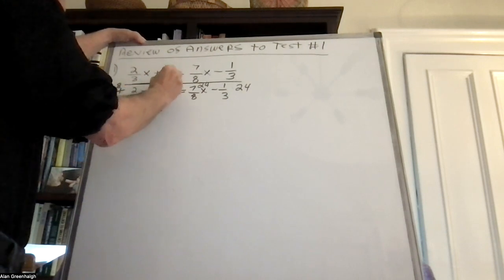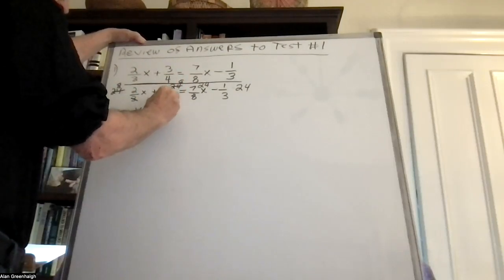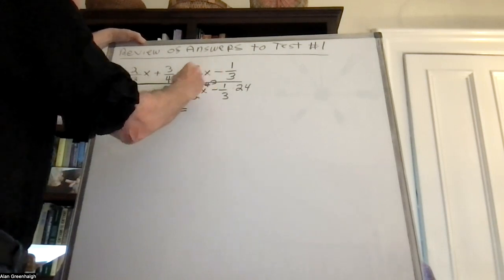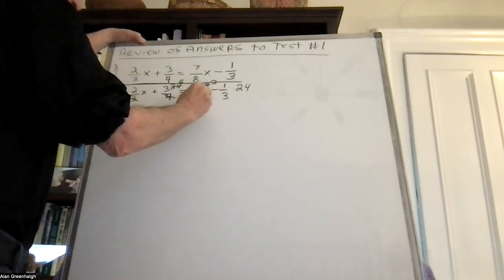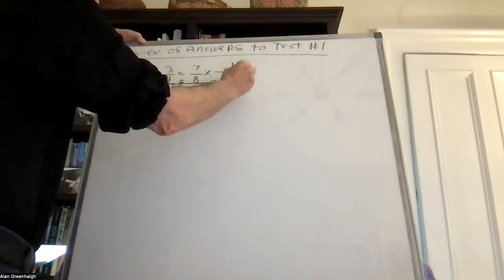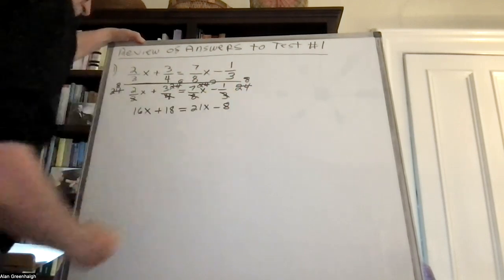Plus 4 into 24 is 6. 6 times 3 is 18. 8 into 24 is 3. 3 times 7x is 21x. Minus 3 into 24 is 8. 8 times 1 is 8.